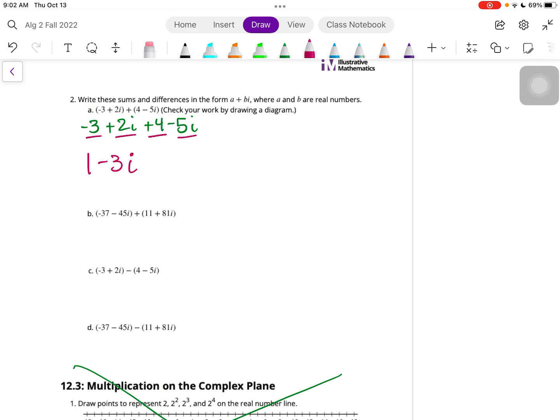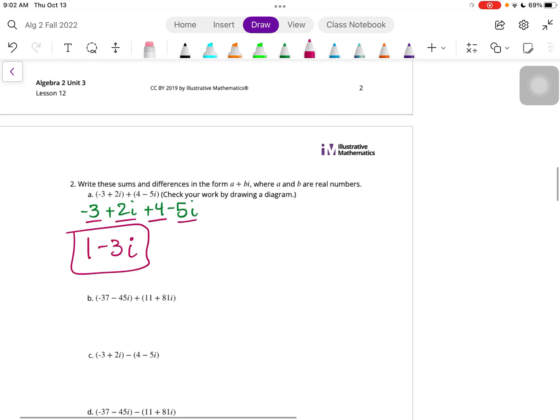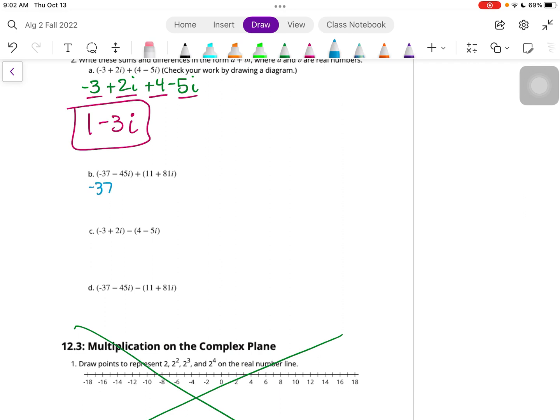Now we could check this by drawing a diagram. I'm not going to make you do that. But you could just do like we did up here on the grid where we had the imaginary number line and the real number line. All right, so let's take a look at B. Again, it's addition, so we can just drop those parentheses.